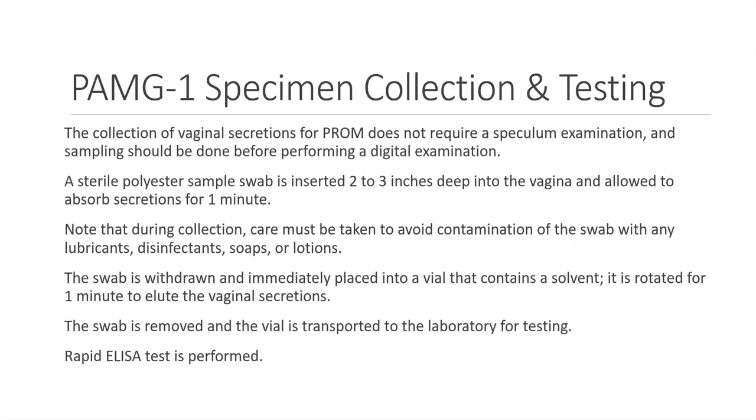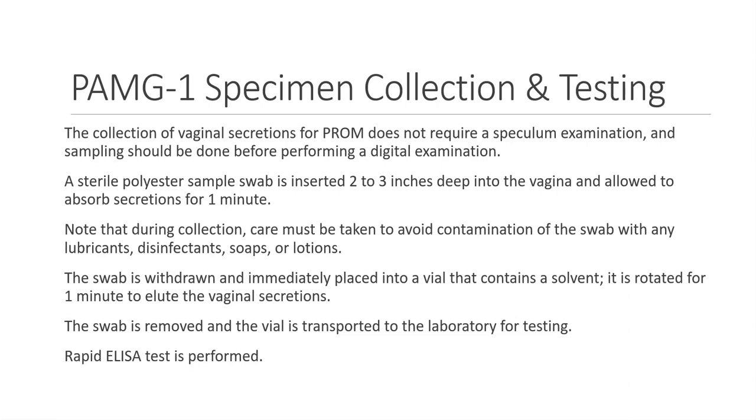The collection of vaginal secretions for premature rupture of the membranes does not require a speculum, and sampling should be done before performing a digital exam. A sterile polyester sample swab is inserted into the vagina and allowed to absorb secretions for 1 minute.